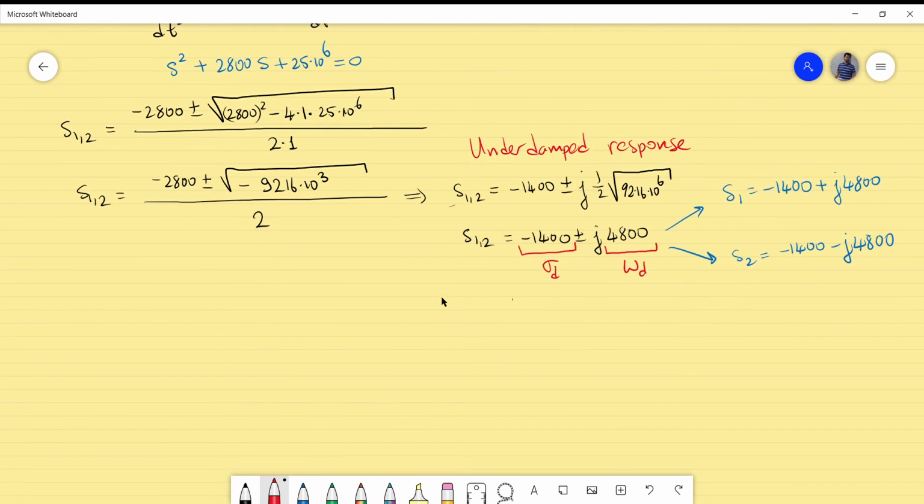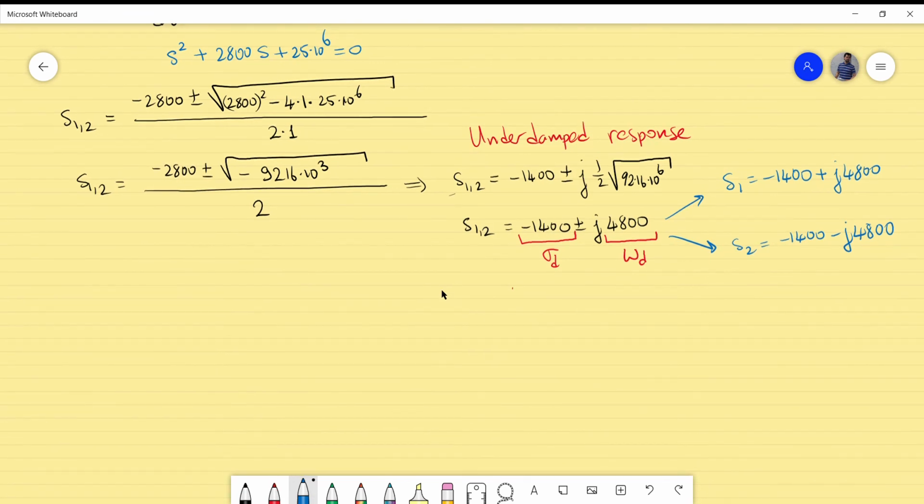So the expression of the natural response of the capacitor voltage will be e to the power sigma d t, and then in brackets a1 cosine omega d t plus a2 sine omega d t, and then the bracket closed.